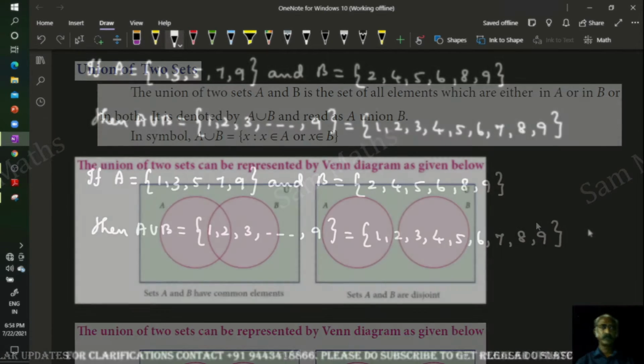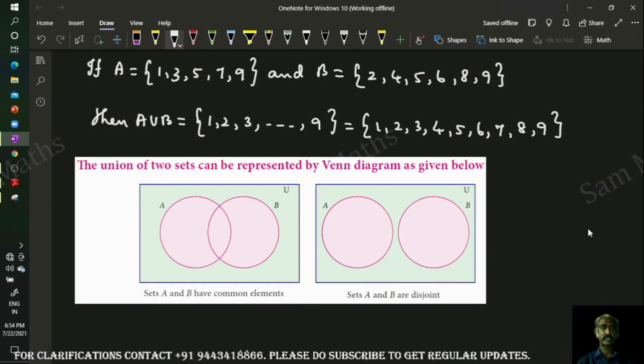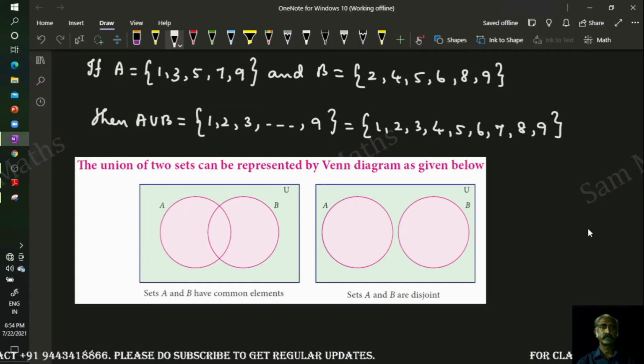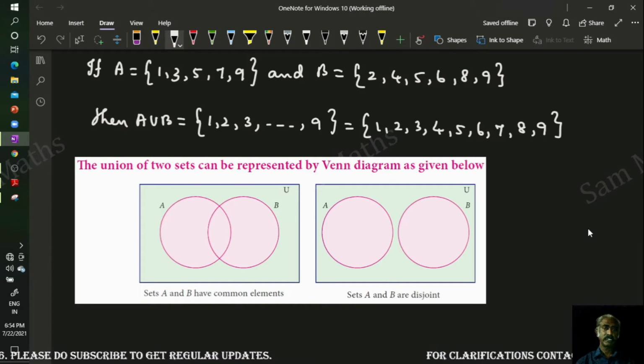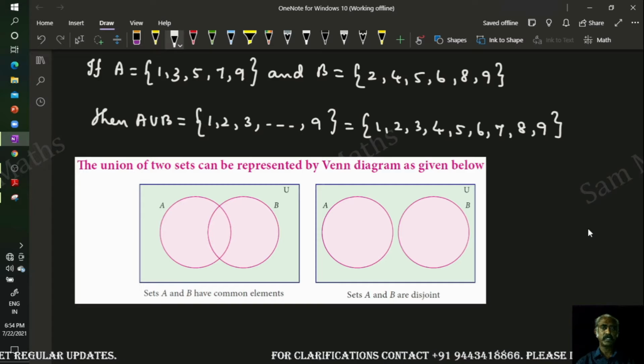Okay, children. The union of two sets can be represented by a Venn diagram as given below. See here, sets A and B have common elements, which means it is a joint set.